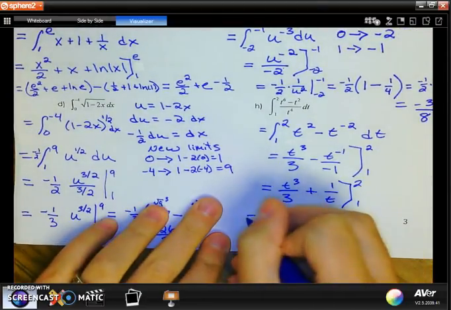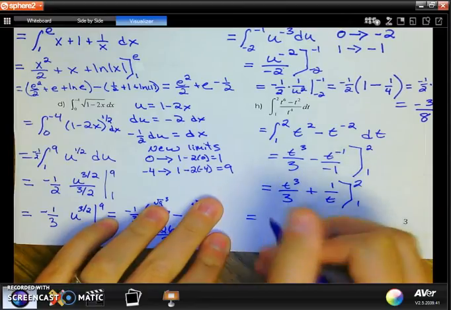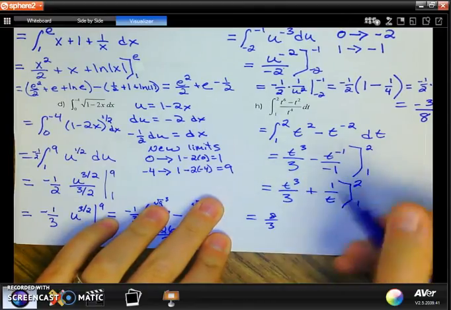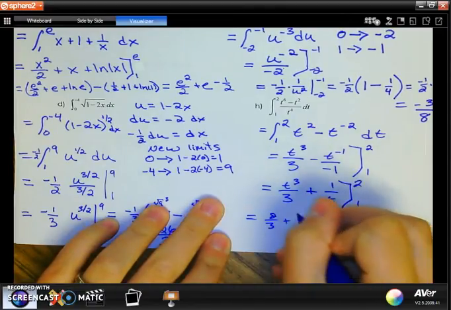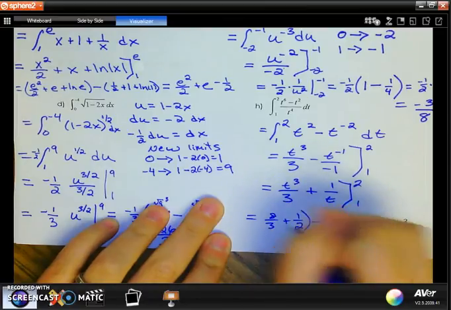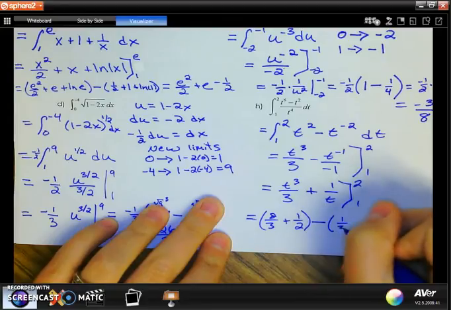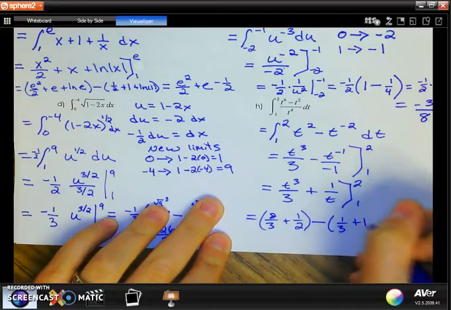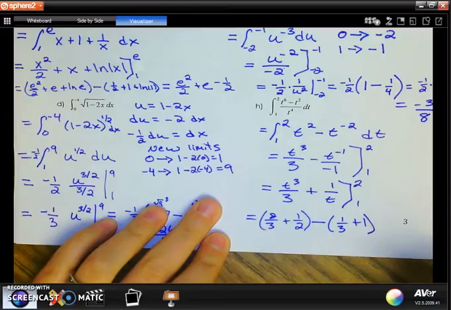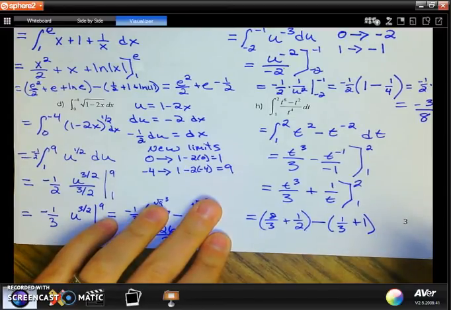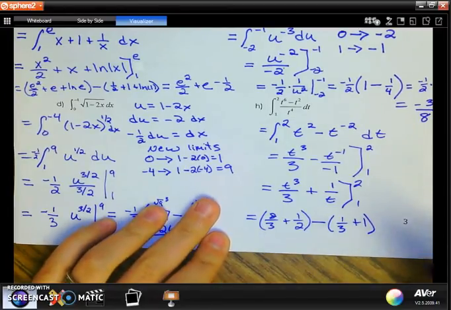And then from there, you're just plugging in. Okay, so when you plug in a 2, that's going to be 8/3 plus a half, minus whatever you get when you plug in 1, so you get 1/3 and then plus 1. So you've got to change all those to sixths, I believe, to get a common denominator.